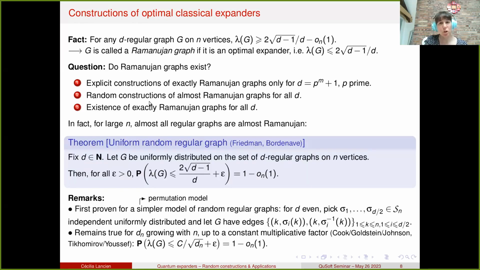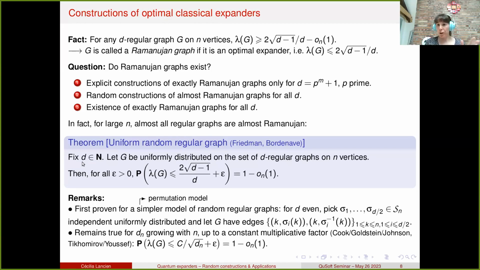So let me come back to this point about random constructions, because there's actually something stronger that you can say, namely that when n is large, almost all regular graphs are almost Ramanujan, in the sense of the result stated here, which is initially due to Friedman. The result is as follows.